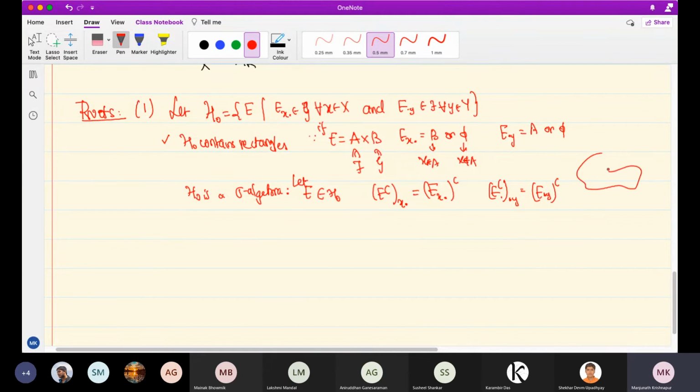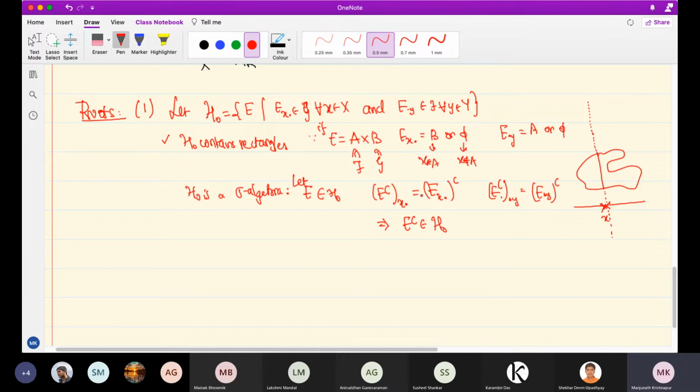Let's take E to be here. If I take an x here, then E_x· is essentially this vertical line, and you project it to the Y part. But if I take E complement, I'm taking the entire outside and then taking the x section. It will involve the entire part of the vertical line which is not here. That's the same as the complement of this part in the vertical line, right? So that's all, which implies that E complement belongs to H naught.